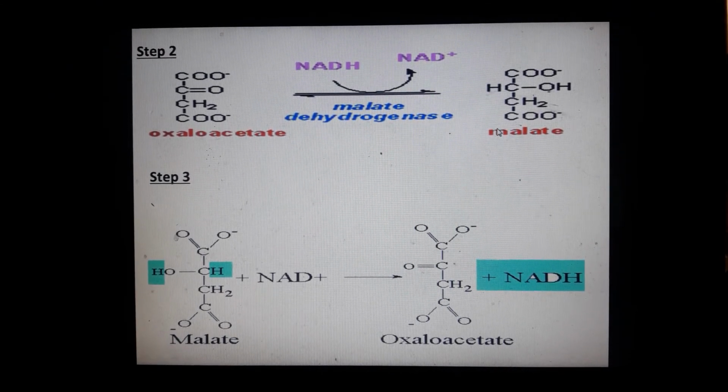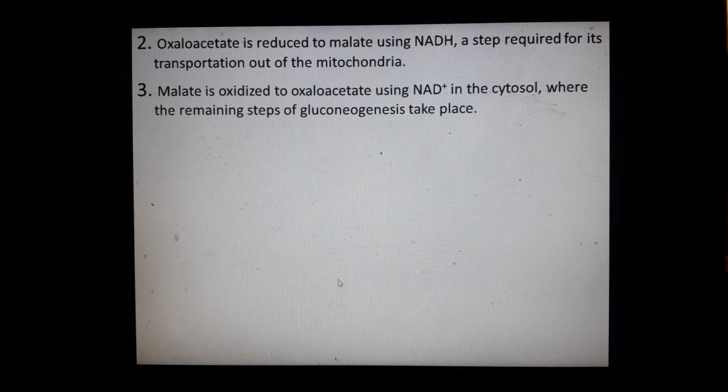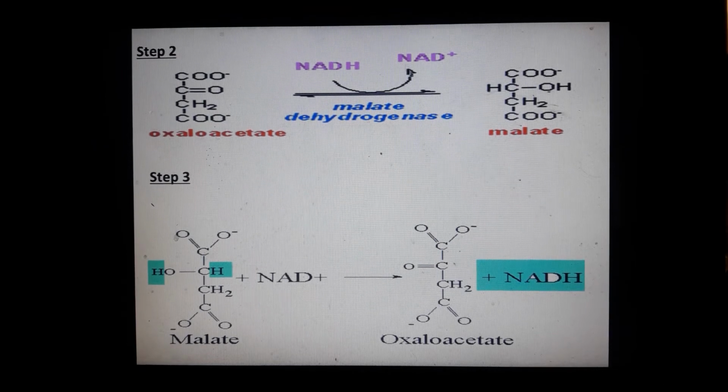Because hindi siya basta-basta makalabas doon sa mitochondria, so it will be converted into a small unit known as malate. Then your malate will again be oxidized to oxaloacetate using the NAD, where the remaining steps of gluconeogenesis take place. So this is your step number 3. This is a reversible process.